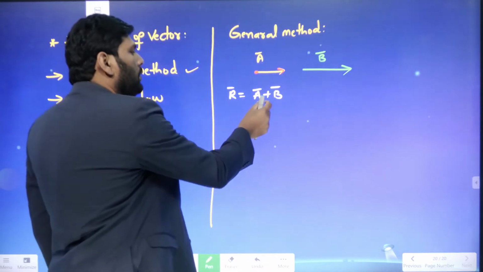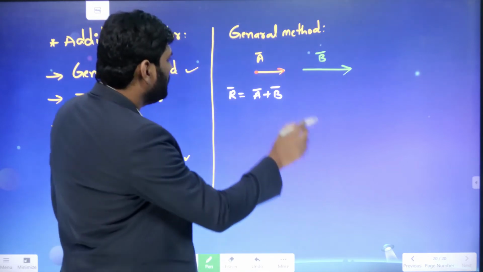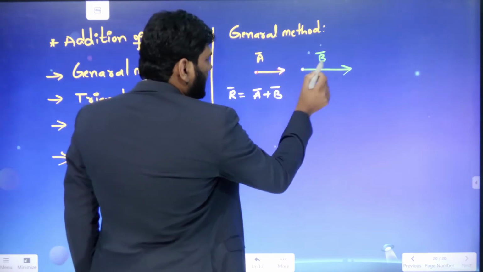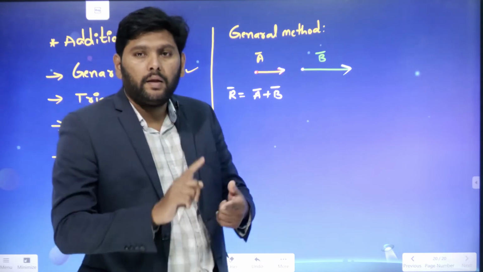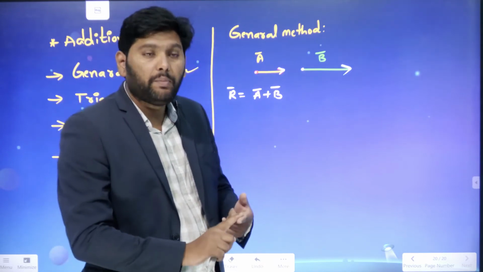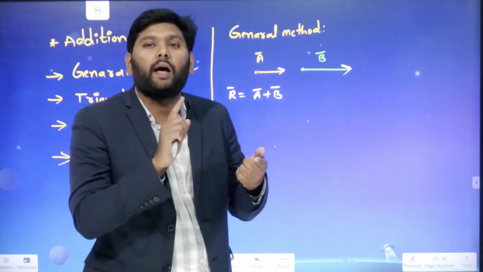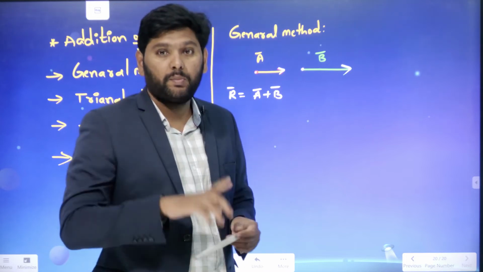Every time we add vectors in the diagrammatic way, you know this is a tail, this is a head, this is a tail, this is a head. Whenever you add in the geometric way, the first vector's head must be attached to the second vector's tail. Got my point?